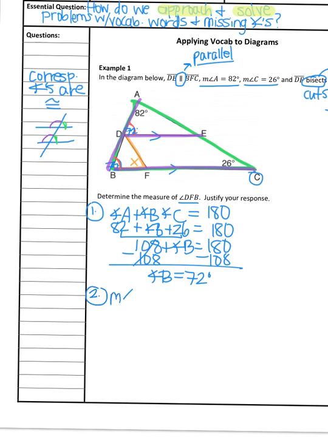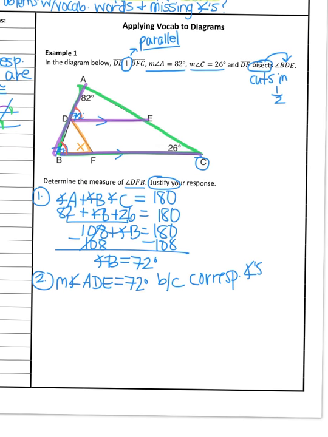The measure of angle ADE is equal to 72 degrees because, and there's that justification, we have to explain, corresponding angles are congruent when lines are parallel.